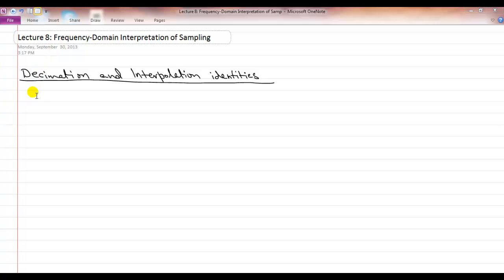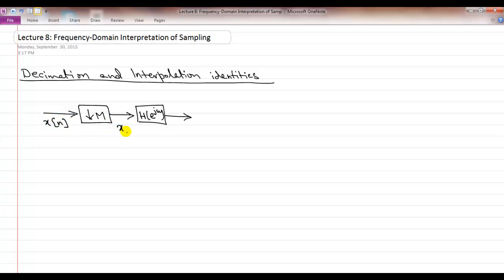So the first identity is for the downsampling operation. And the identity says that if you downsample, if you decimate by a factor of M and then you have a filter, let's call that H of e to the j omega, x[n], and let's call the output after the decimation x_a[n], the output is y[n].